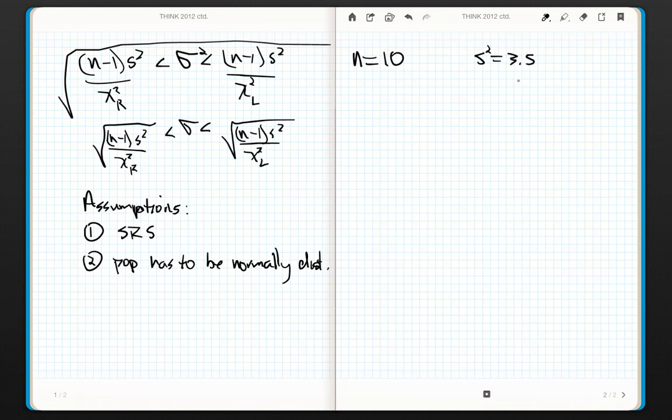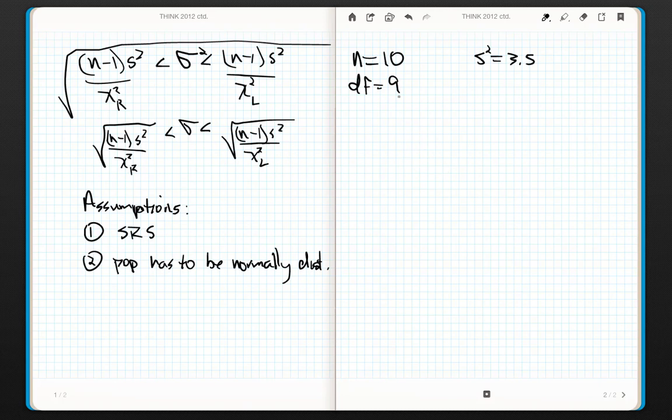I know that if n equals 10, then the degrees of freedom is equal to 9. I need to slow down because I'm starting to say silly things. Now, I'm going to build one of these confidence intervals around the variance, and then when I'm done with the variance, I'm going to get to my standard deviation.